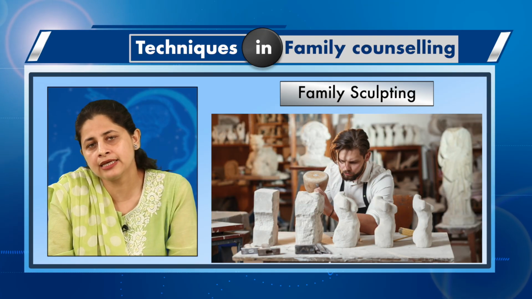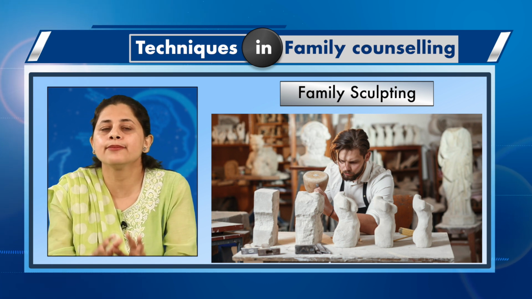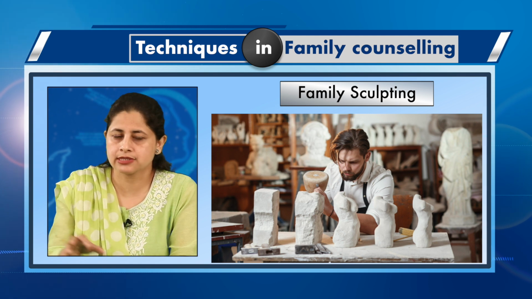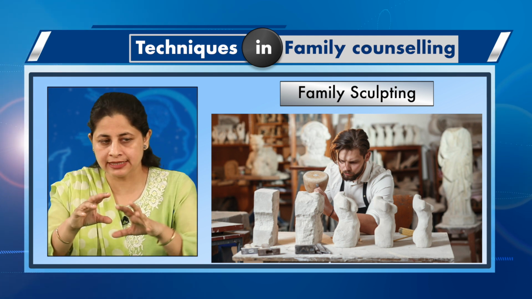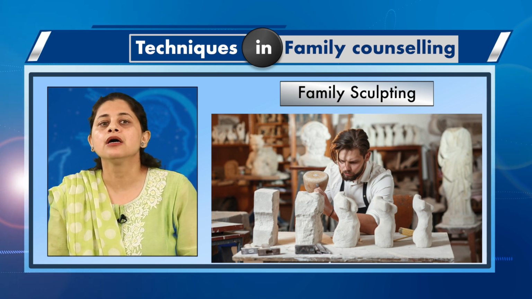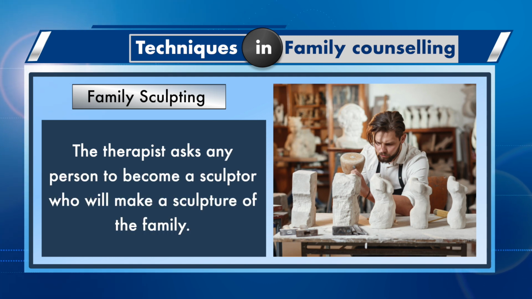Similarly, this technique involves creating a family sculpture in a number of ways. It can be done through stones, it can be done through physical arrangement or positioning of family members, or role playing also. In this, the therapist asks any person to become a sculptor who will make a sculpture of the family.